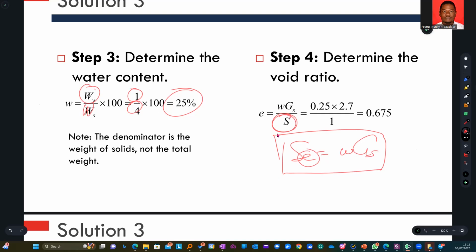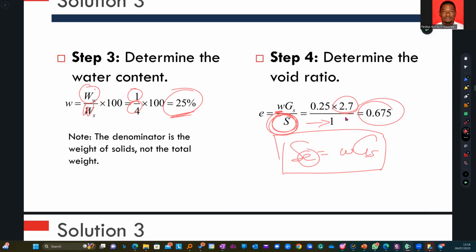Since the sample was saturated, S is 1, which means the degree of saturation was 100%. You know your water content as 25% from here, and the specific gravity was given as 2.7. So your void ratio can be computed to be 0.675.